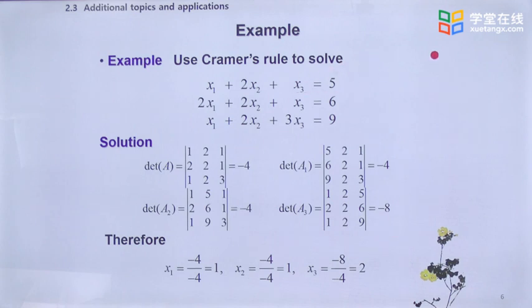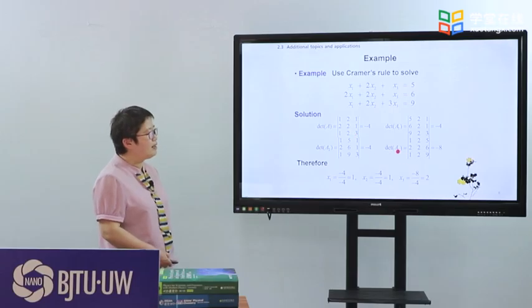The solution: by Cramer's rule, we need to calculate the 4 determinants: determinant of A, determinant of A1, determinant of A2, determinant of A3, where A1 is obtained from matrix A by substituting its first column by the right-hand side vector B. So here it is 5, 6, 9, and the other 2 columns remain unchanged from A. Determinant of A2 is obtained by substituting the second column of A by B, 5, 6, 9. Similarly, we have the determinant of A3.